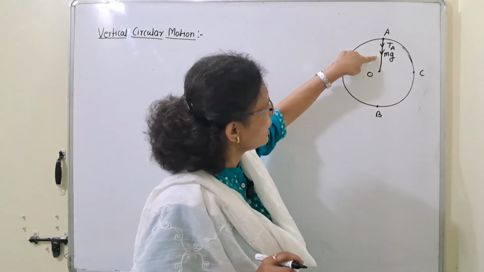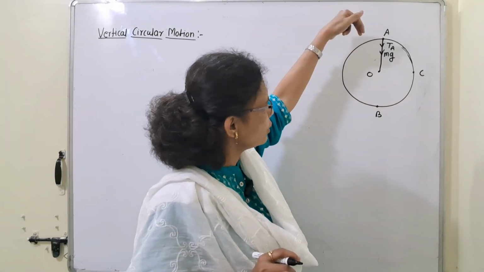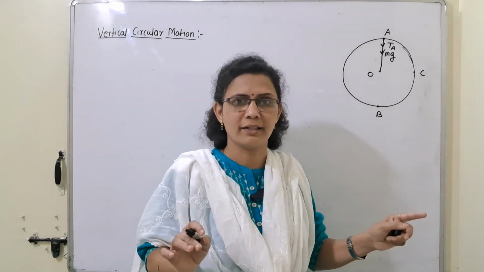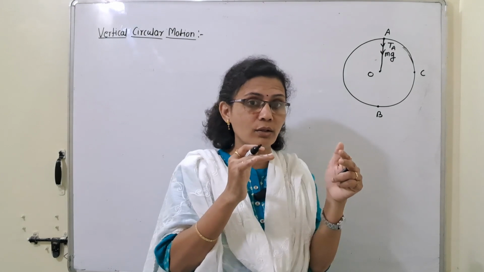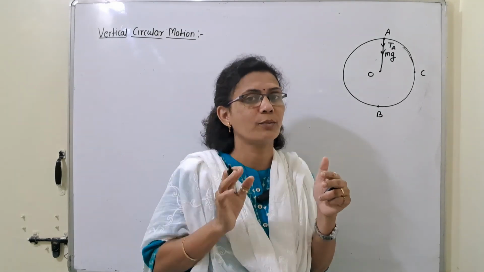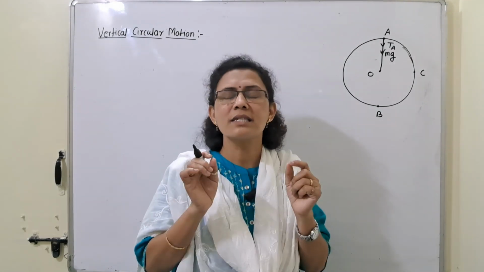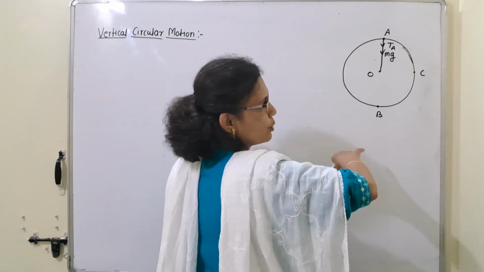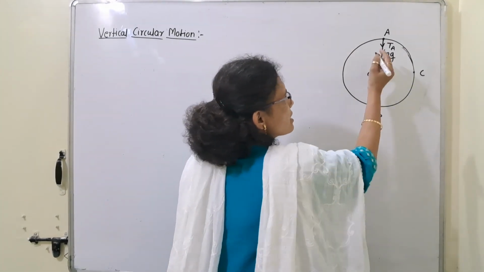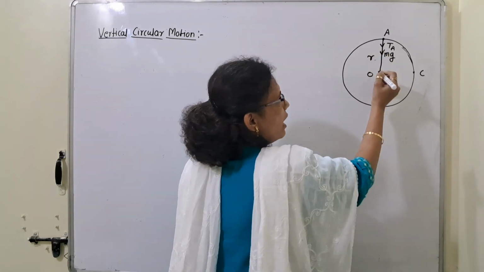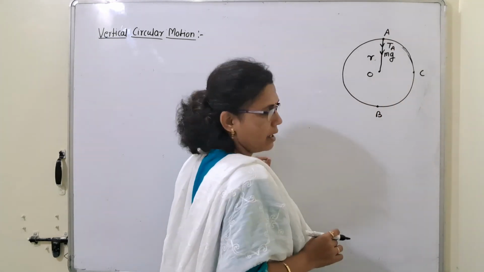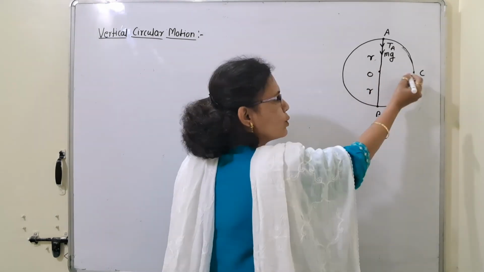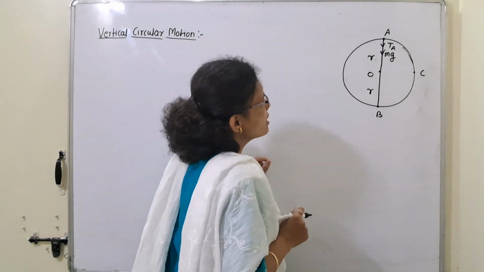So TA and mg, both these forces are acting towards the center of the circular path. We know that the force acting along the radius and towards the center of the path is nothing but the centripetal force. If I consider this circular path, the radius of this path will be r, that is, OA distance will be r. Similarly, OB distance will also be r and OC will also be r, the radius of the circular path.